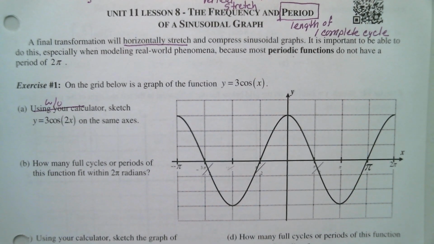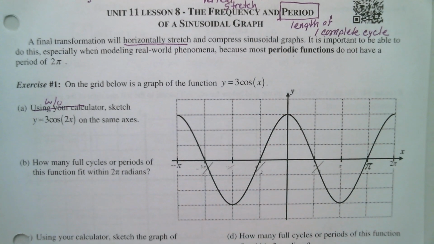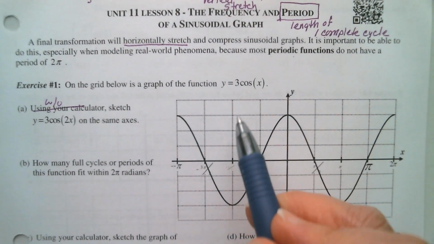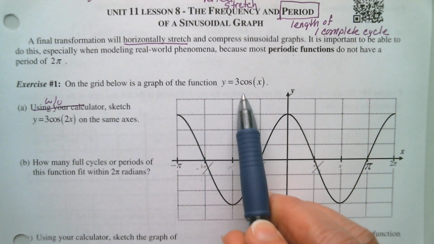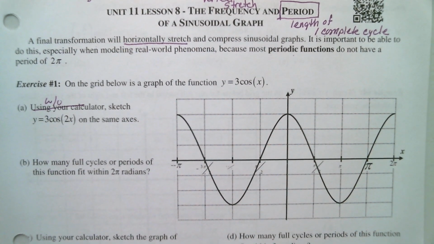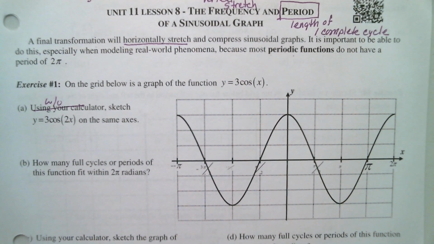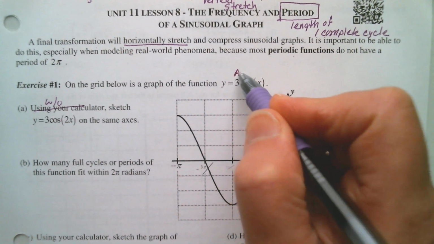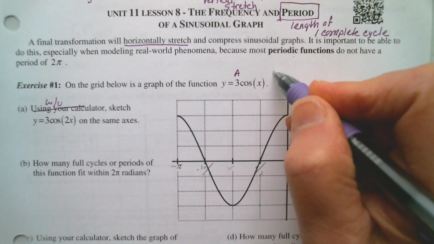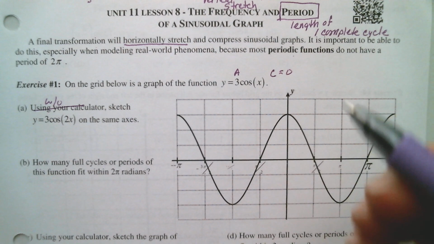Right, so I'm going to switch to blue pencil for this. Well, first off, let's look at y equals 3 cosine x. The a value is 3. The c value is 0.